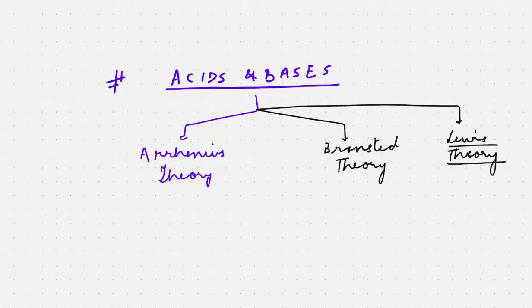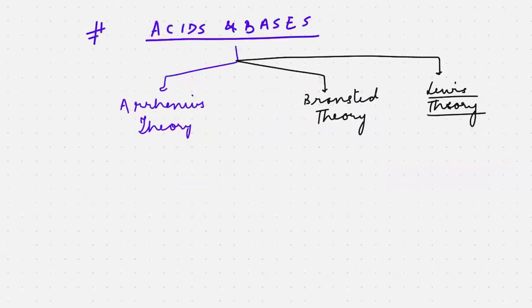So we have the Arrhenius theory, the Bronsted theory, and the Lewis theory of acids and bases. Now understand. When we are talking about the Arrhenius theory, the Bronsted theory and the Lewis theory, what does that mean?